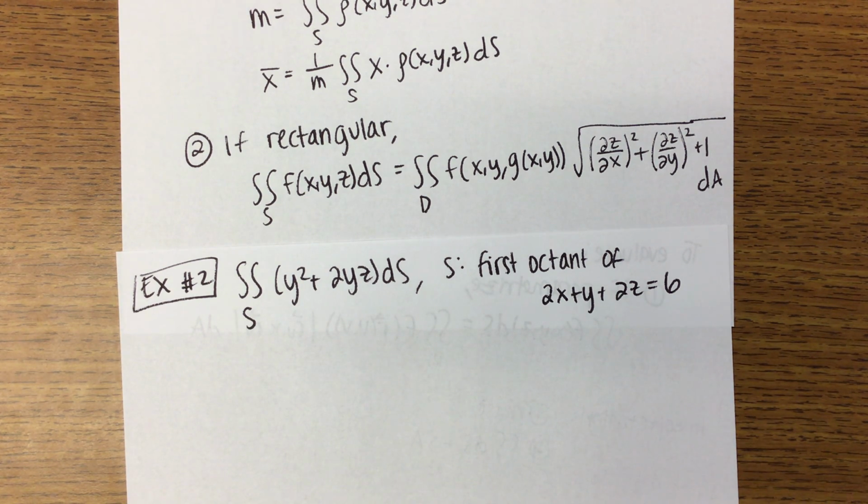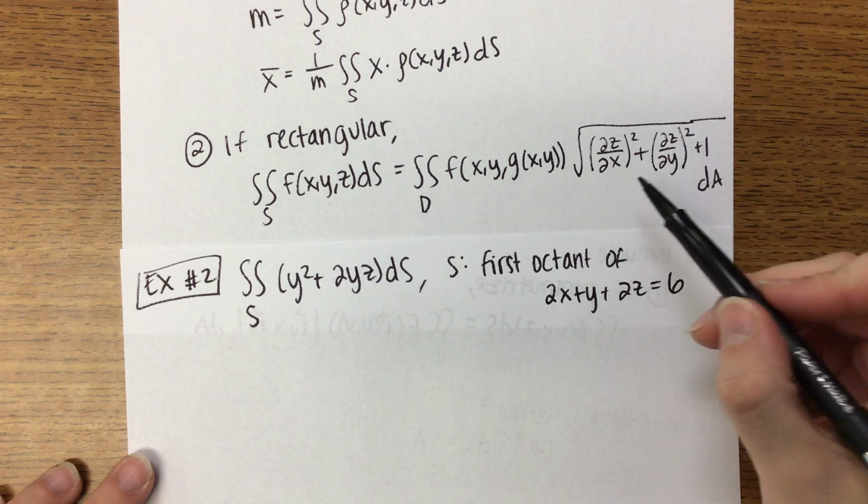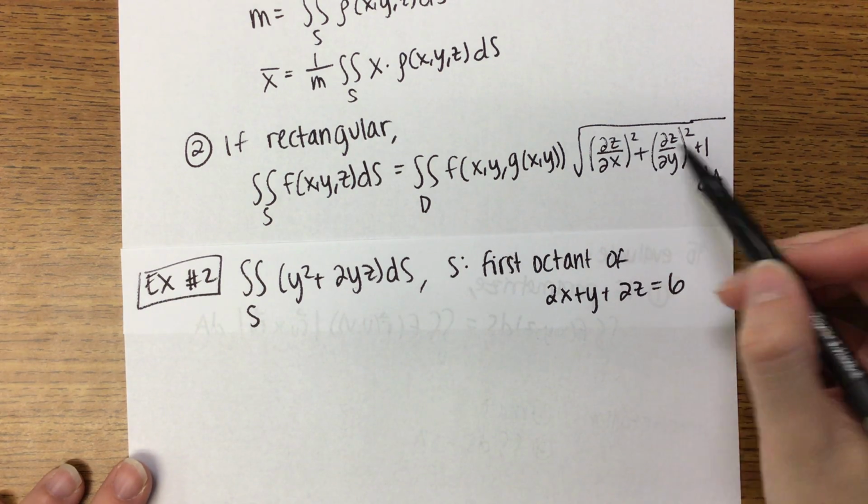Okay, you certainly could parameterize this. It's just extra work. If you were to parameterize, what would you do? Solve for z. Right, x equals x, y equals y, z equals whatever in terms of x and y.